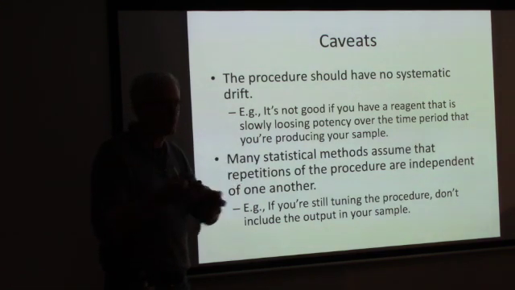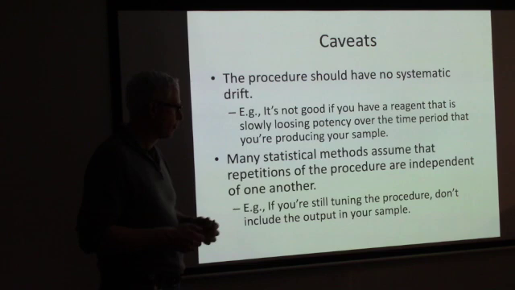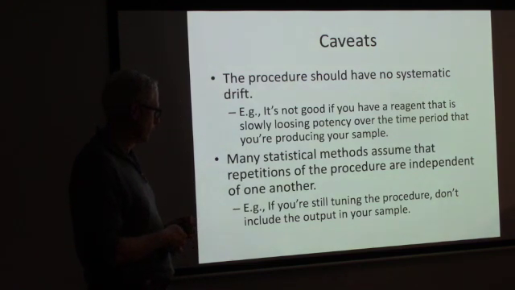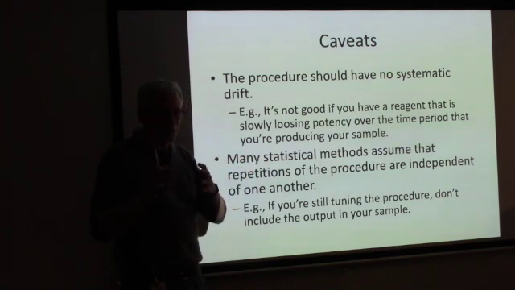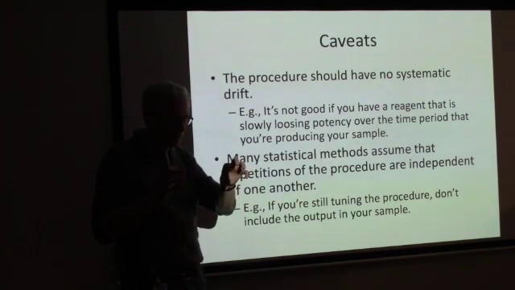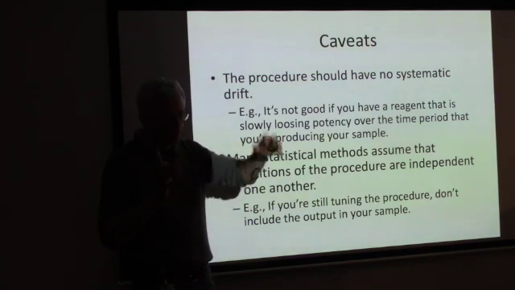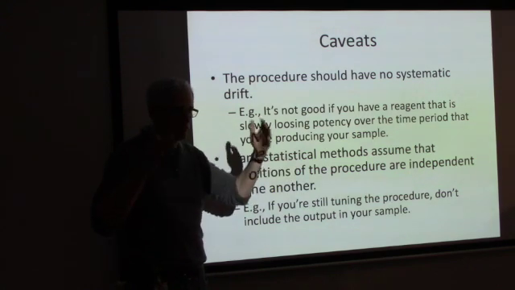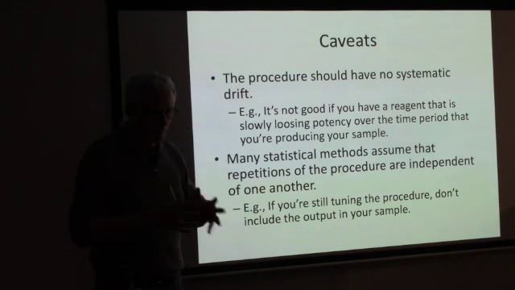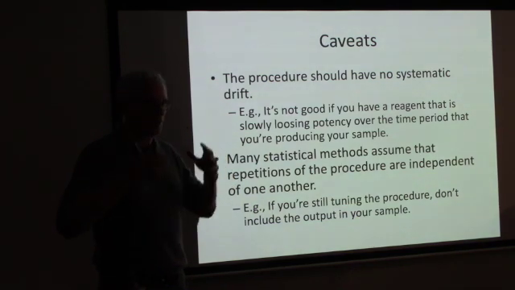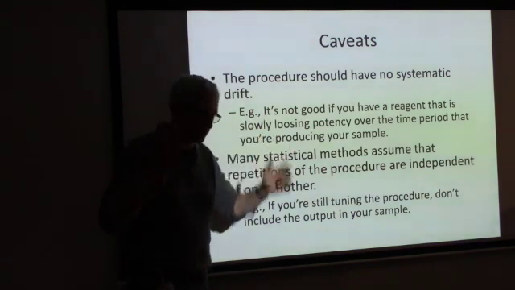What happens with one does not affect what's going to happen with the other. So for example, if you're still tuning your procedure, so that what you do the next time depends on what you saw, that's not a good mathematical sample. A good mathematical sample is one where I've defined my procedure, and now I just do it 4 times or 10 times.